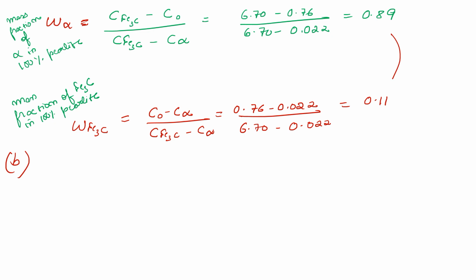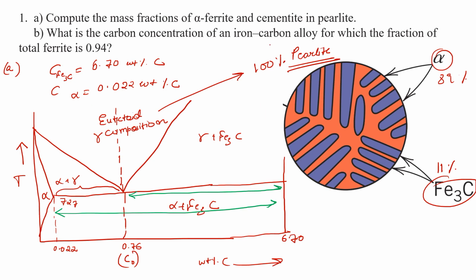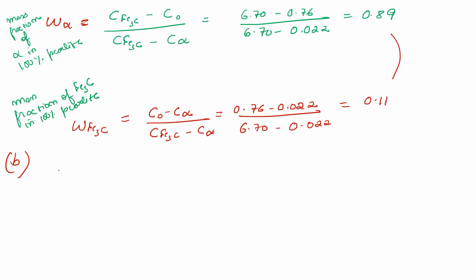what is the carbon concentration of an iron carbon alloy for which the fraction of total ferrite is 0.94? We have been told the weight fraction of total ferrite is 0.94, and we just apply the same formula we applied in the previous part.